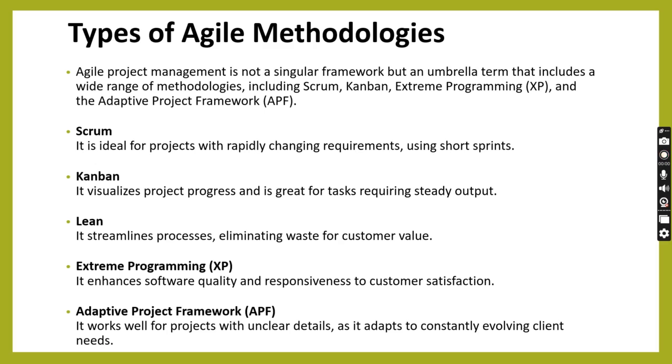Lean streamlines processes, eliminating waste for customer value. Extreme programming enhances software quality and responsiveness to customer satisfaction. Adaptive project framework works well for projects with unclear details as it adapts to constantly evolving client needs.